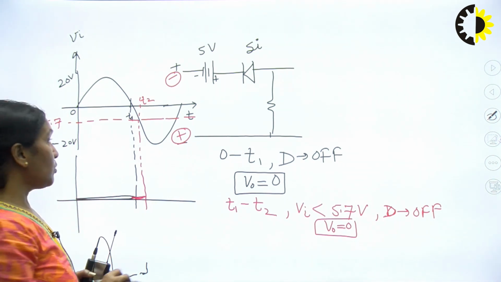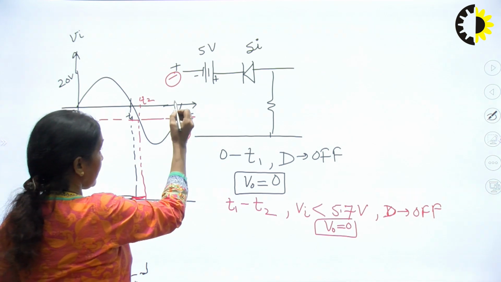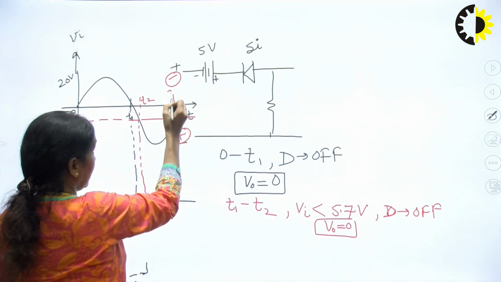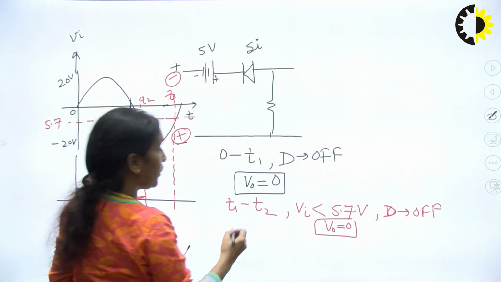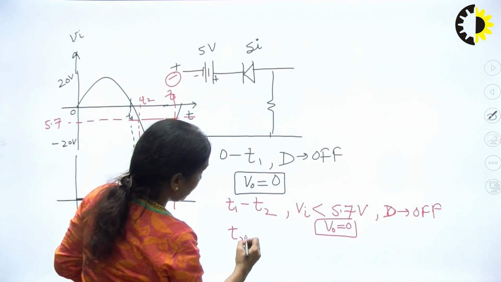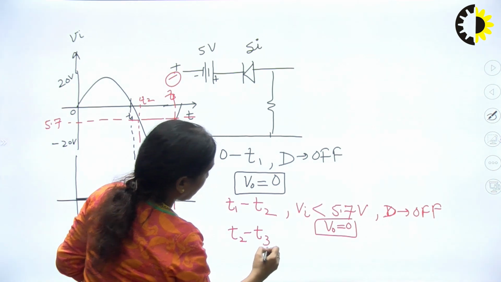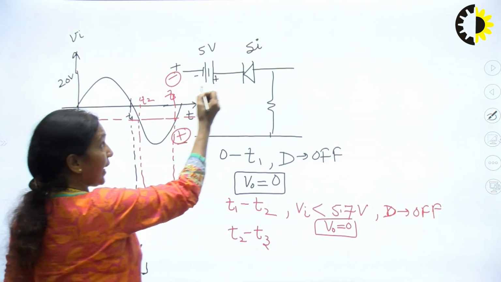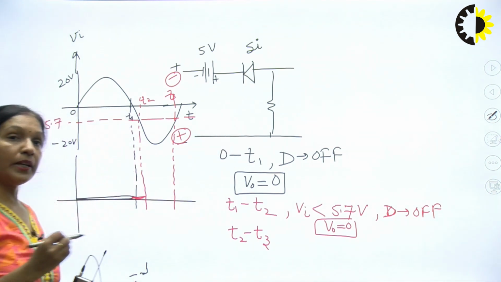But during the time period T2 to T3, your Vi is greater than this potential, that is 5.7 volts.